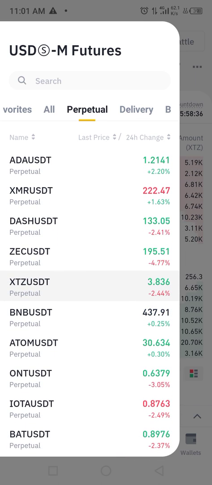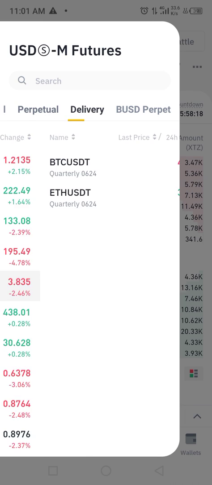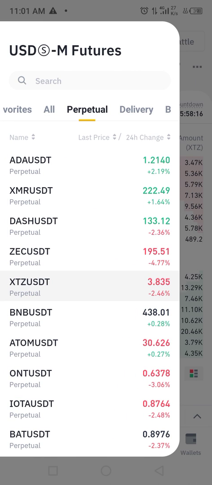I have told you in our previous PowerPoint presentation in the VIP groups about the different terms and types of futures. I introduced the theories too, so you can read more about it. I have said that we have the perpetual futures contract and the delivery contract. The perpetual futures contract has no expiration.